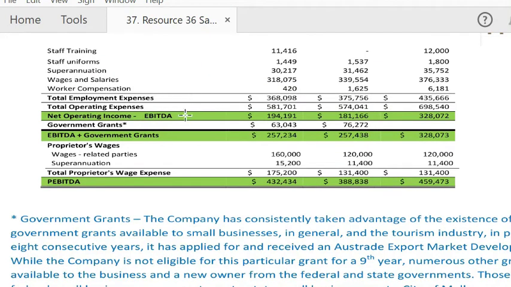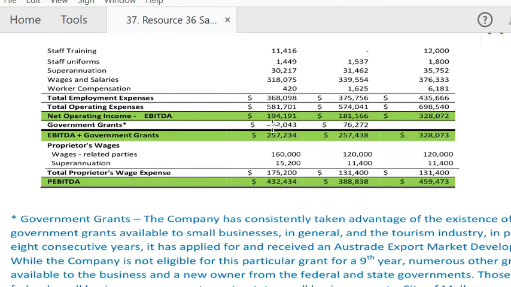Down here, we are calculating our EBITDA and finally our PBITDA. So let's have a look at how we did that. We've got our employment expenses, our operating expenses, and then our EBITDA, our net operating income, so earnings before interest, tax, depreciation, amortization. Now, one unique thing to our business, we did have these government grants, and we had received these 7 years in a row, but we were not eligible for any more grants in the 2017 year.